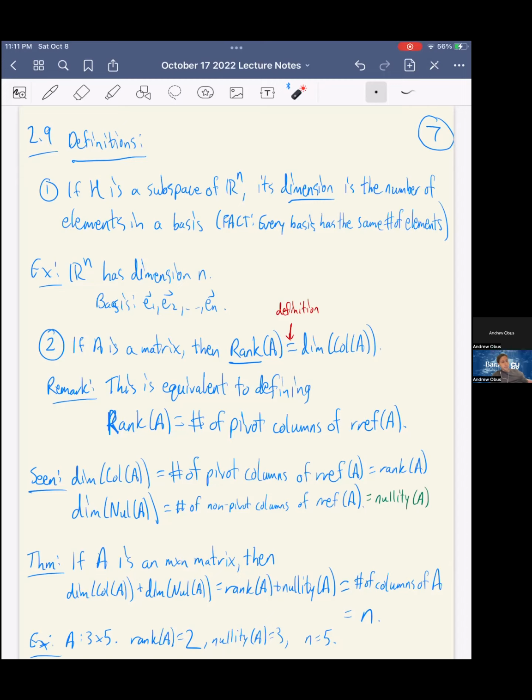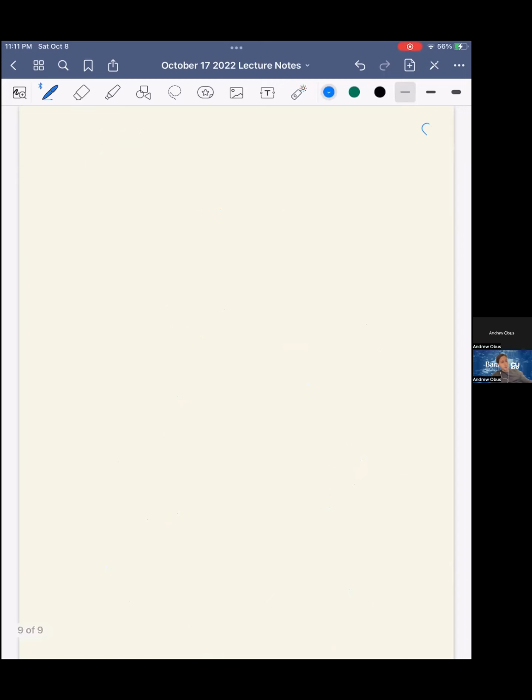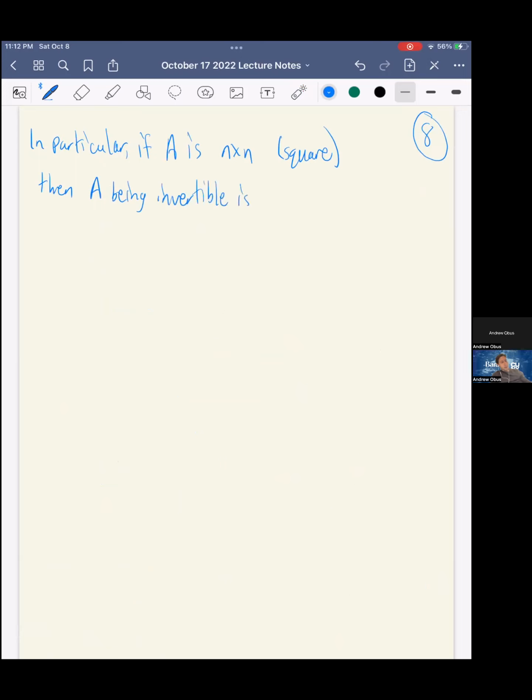Okay, so the very last thing I'm going to say, we're not even going to do a full page here, is just a particular case. In particular, if A is n by n, so if it's a square matrix, then A being invertible is equivalent to the rank of A being n.